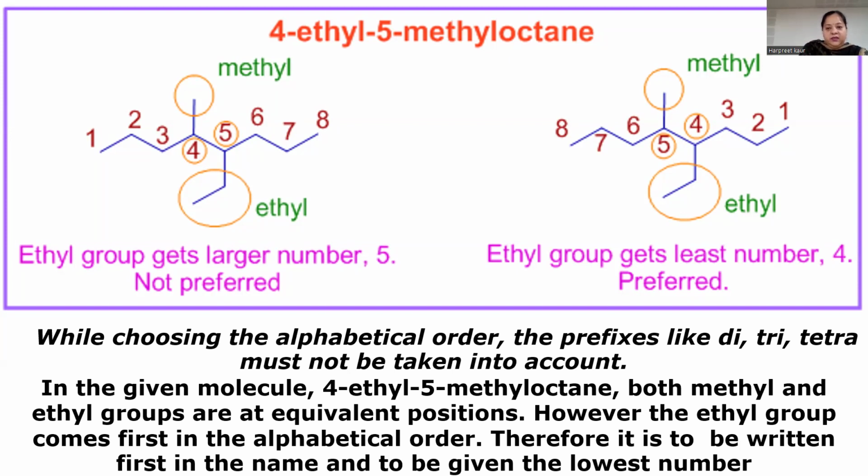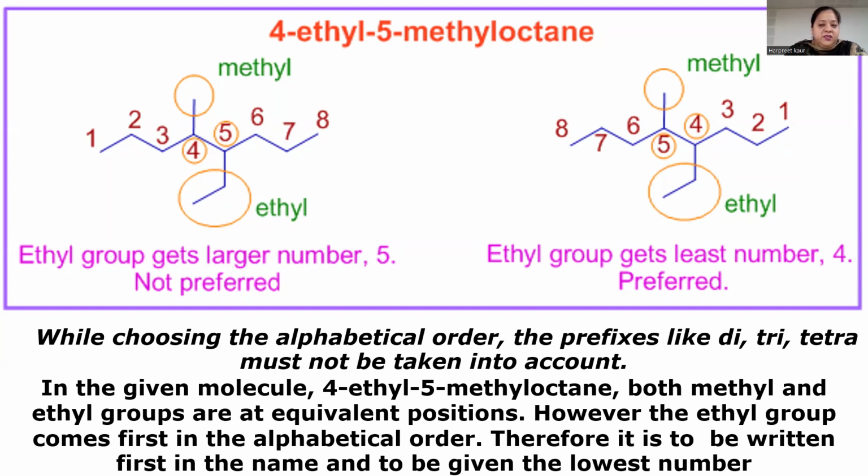And in the second case, if we number it from right to left, again the first substituent comes at 4 and the second substituent comes at 5. So whether we number it from right to left or from left to right, the locations are 4 and 5 in both cases. Now what is to be done in that case?